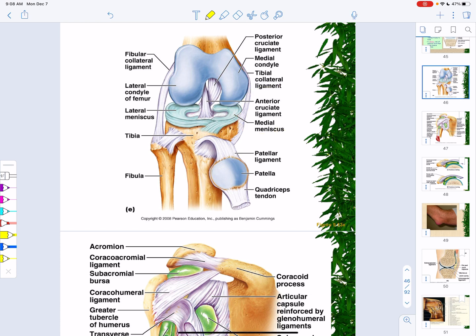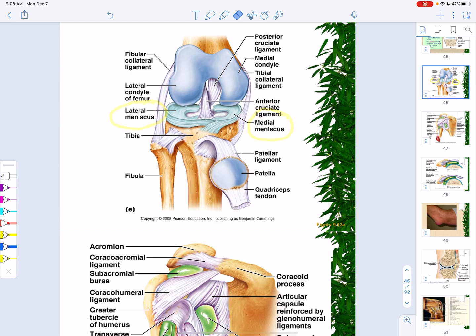And these are all going to hold all of your bones together. It's very, very interesting how all of this is held together by those ligaments. And then you have your meniscus, a piece of cartilage that sits in there to protect and act as a bumper in your knee. So you have an extra layer of padding in there.